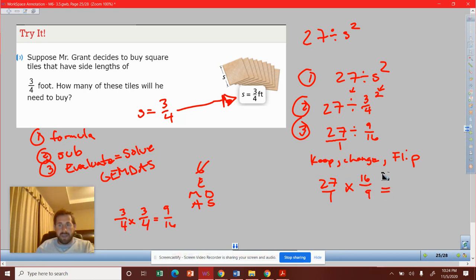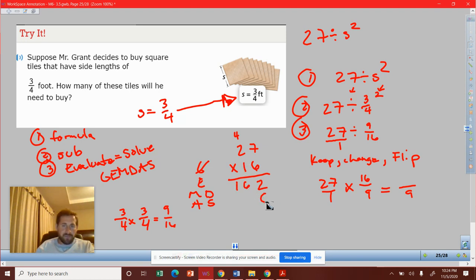Now multiply through the top, multiply through the bottom. The bottom's easier. 1 times 9 is 9. The top is more challenging. So we have 27 times 16. So 6 times 7 is 42. 6 times 2 is 12. 12 plus that 4 is 16.